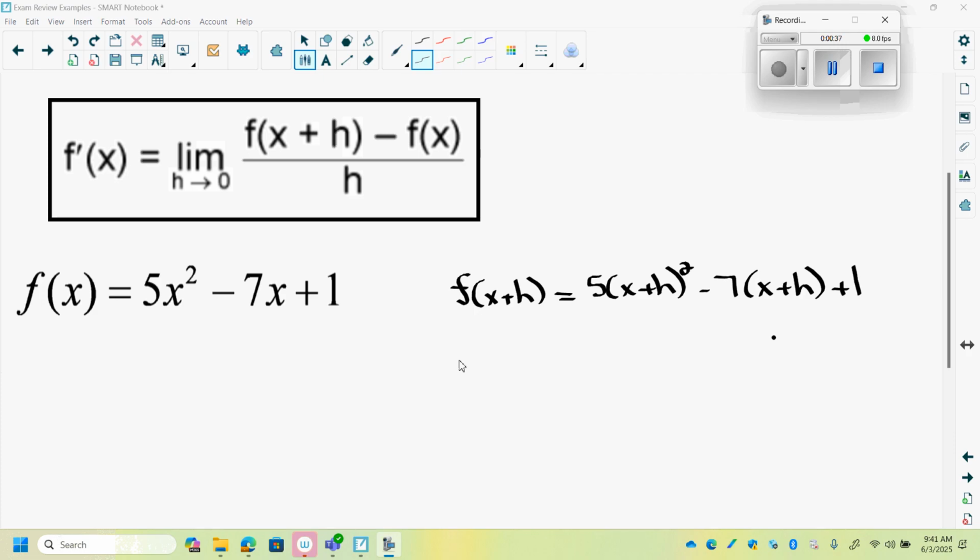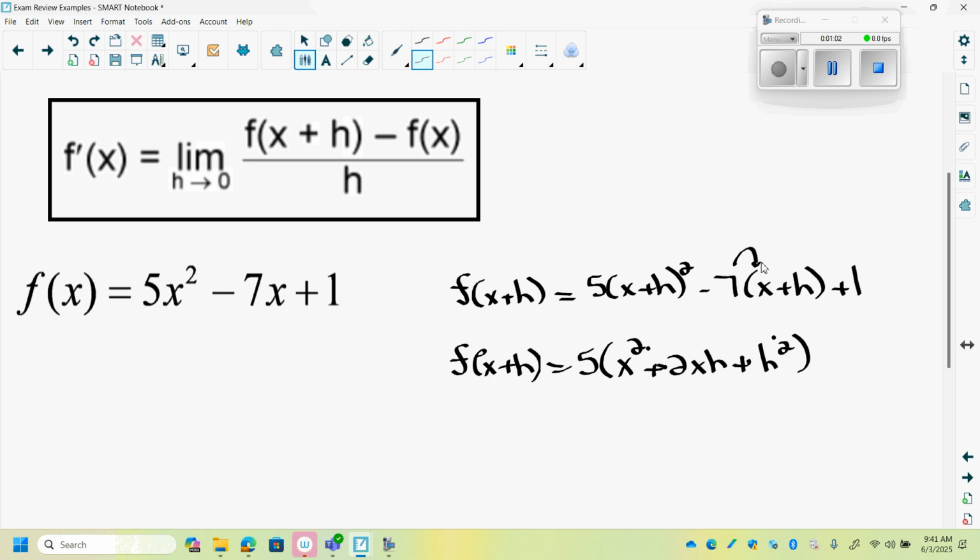I'll do my exponents first. This is going to equal 5. If I square that, if I multiply it by itself, I'll get x squared plus 2xh plus h squared.